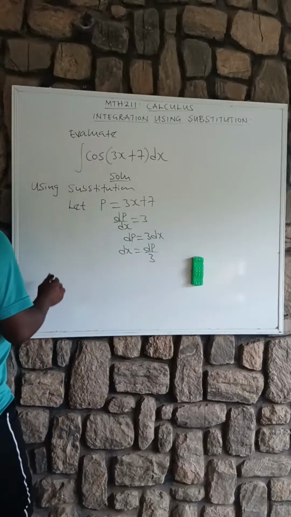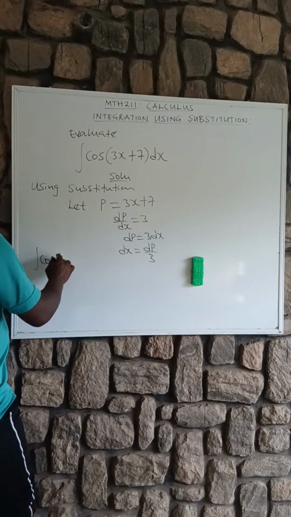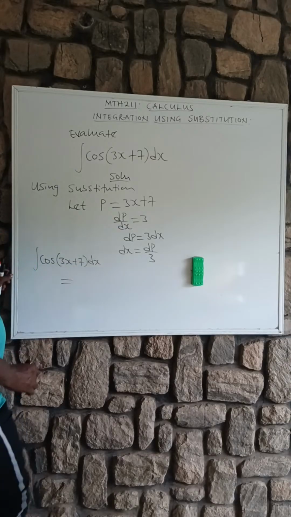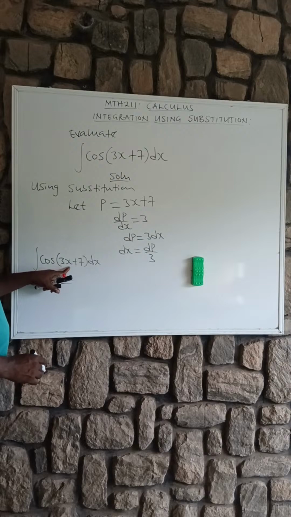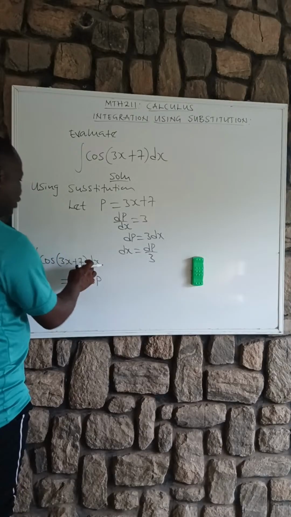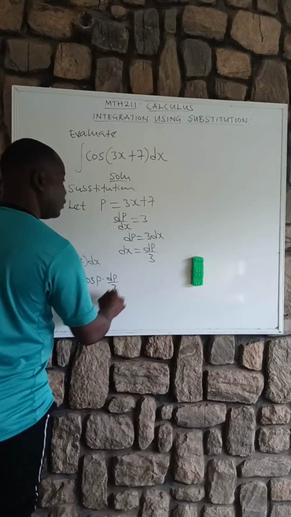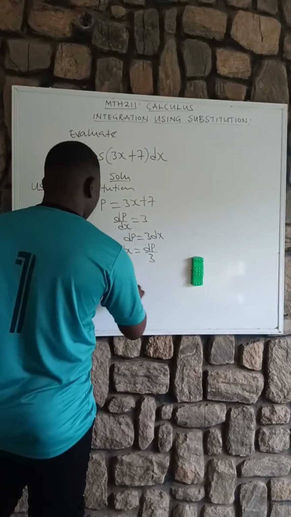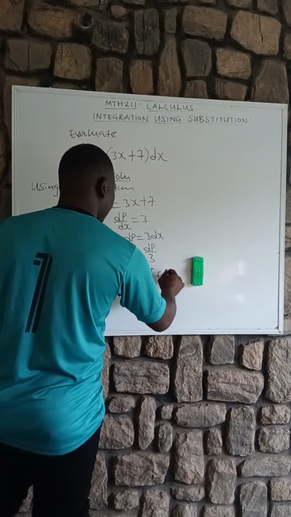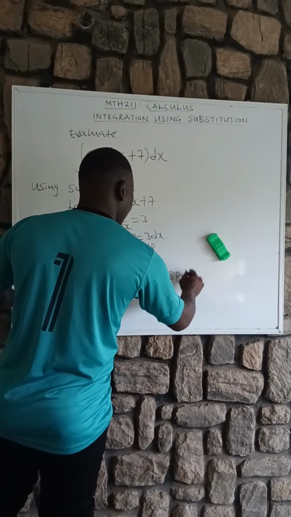So inside the integral, we have the integral of cos(3x + 7) dx. This will now be equal to the integral of cos P, and dx is dp over 3. Then we can factor out 1 over 3 outside the integral, so we have cos P dp.